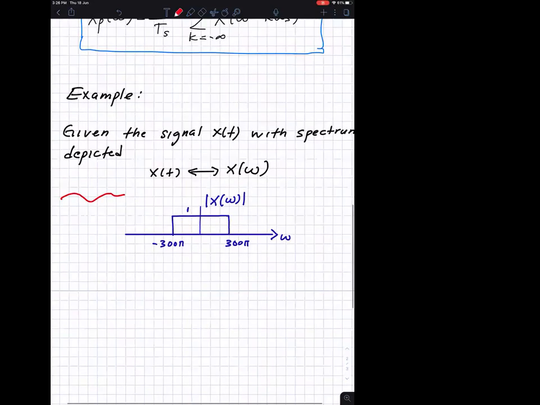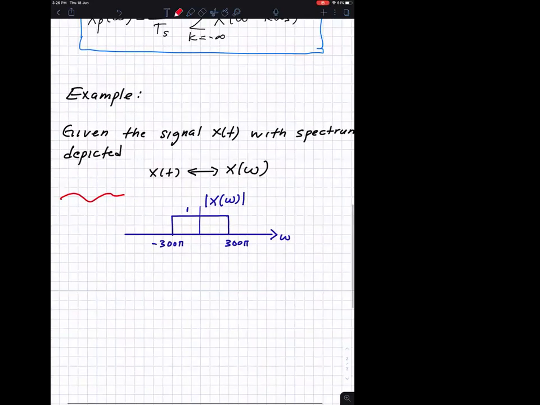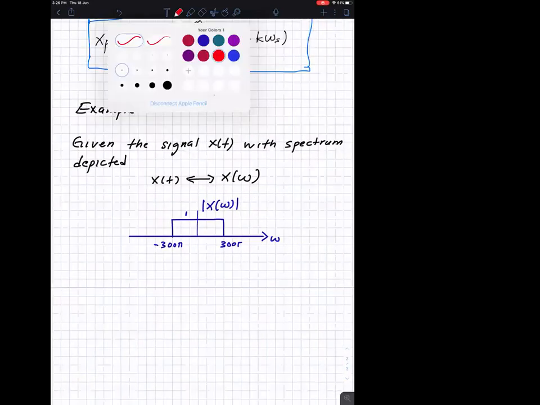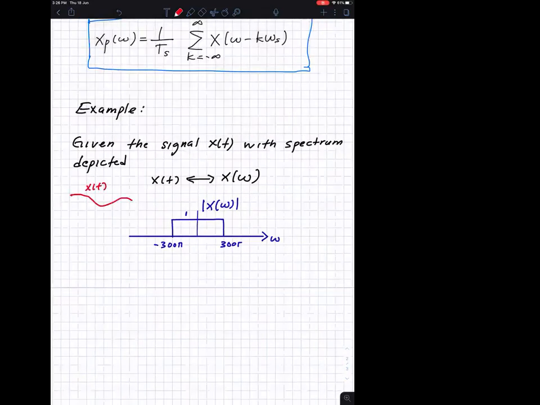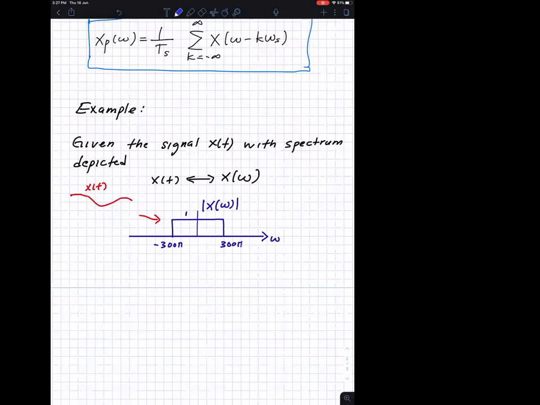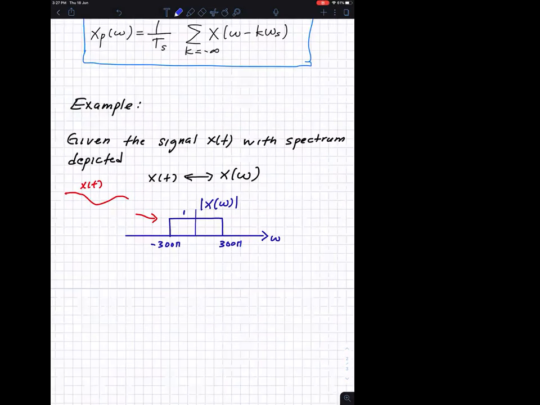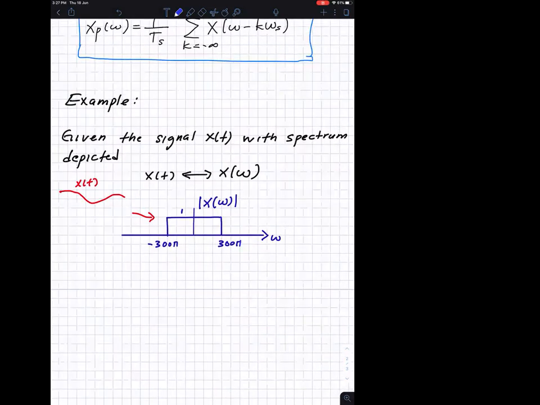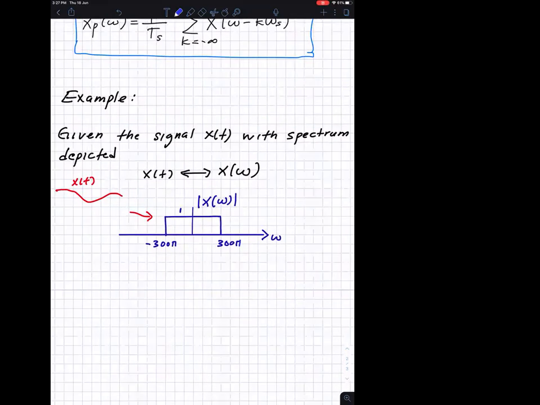In x(t), let's say it's a continuous time signal. But when you do the Fourier transform, you end up with a signal that has frequency content until 300 pi. This signal consists of various frequencies, including DC, from 0 up to 300 pi radians per second.